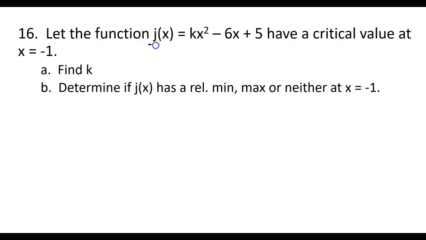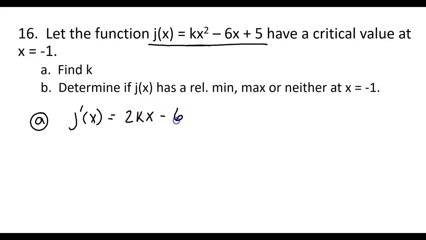Let this function here have a critical value at x equals -1, find k. So since we're concerning ourselves with critical values, that means we're going to find the derivative and set it equal to 0. So the derivative of j, power rule, would be 2kx minus 6. We're going to do two things. We're going to set it equal to 0, because that's how you find critical values.